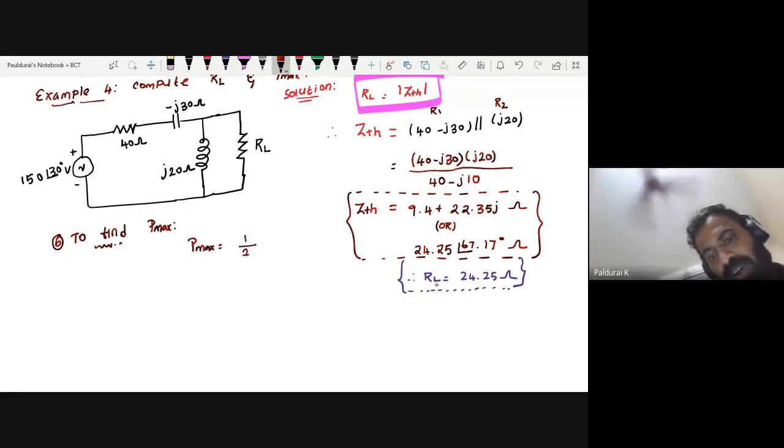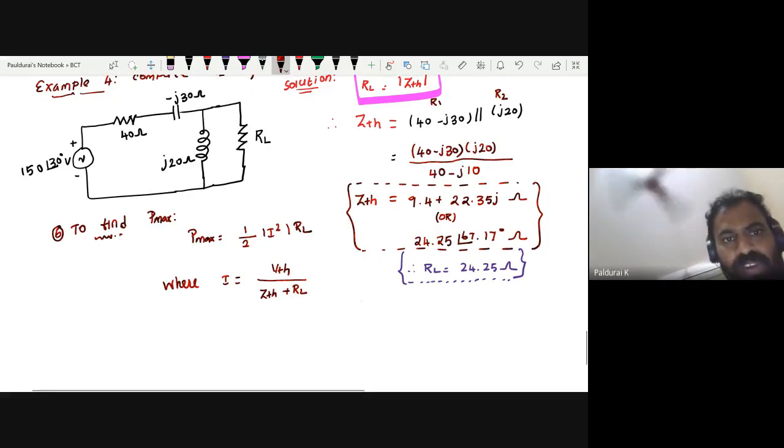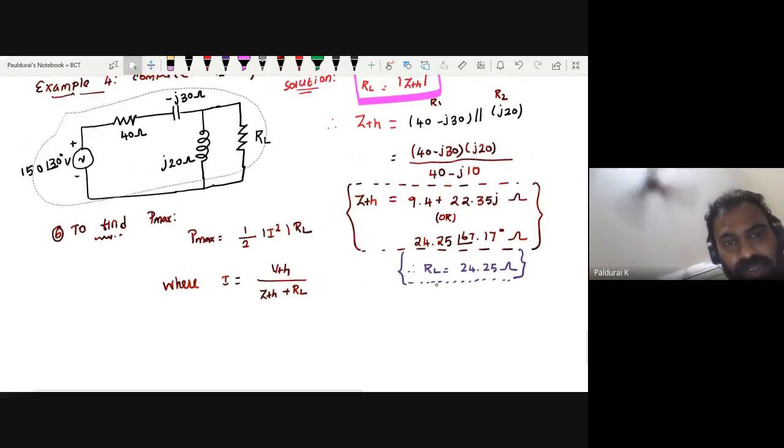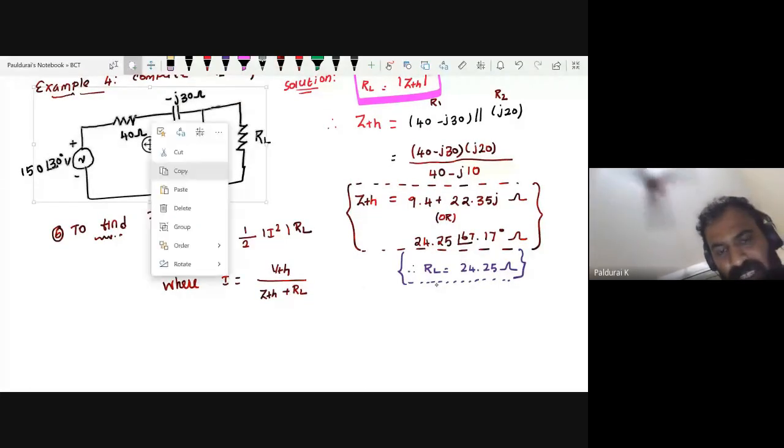It is given by half of I squared RL, where after finding VTH, I equals VTH divided by ZTH plus RL. So how will you calculate VTH? You know the procedure.